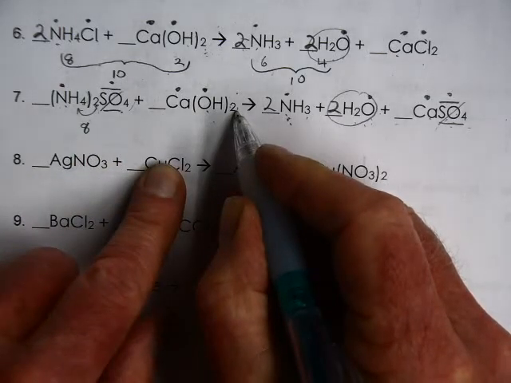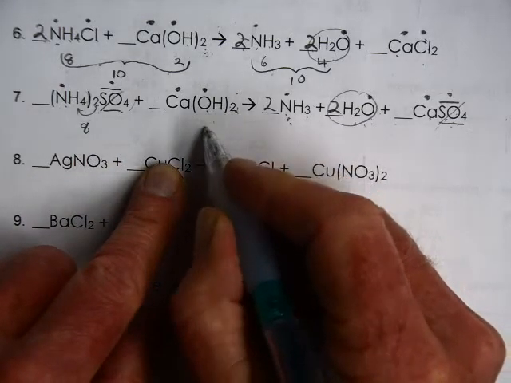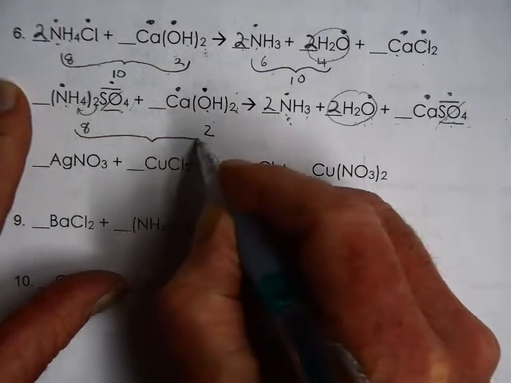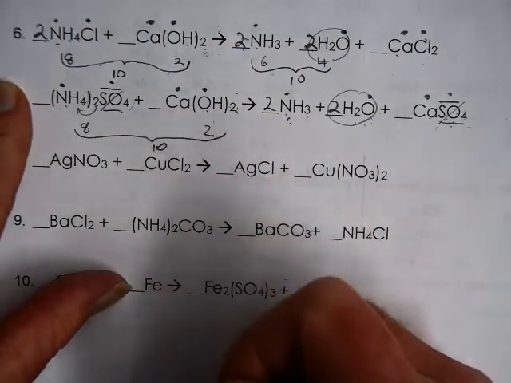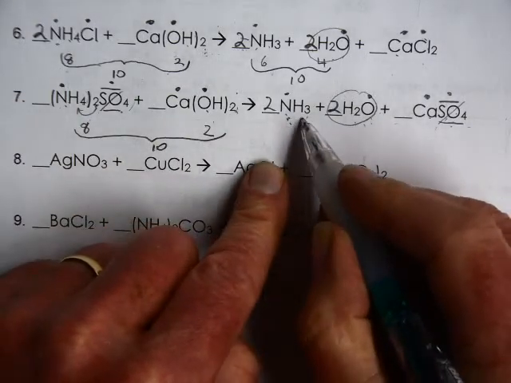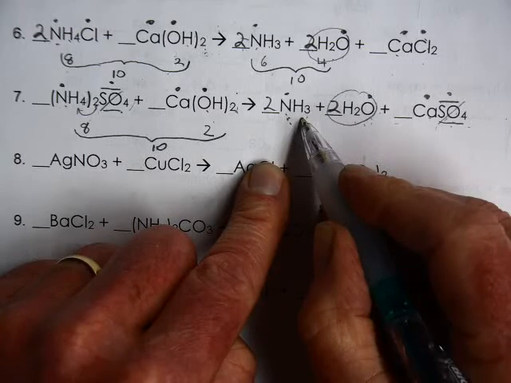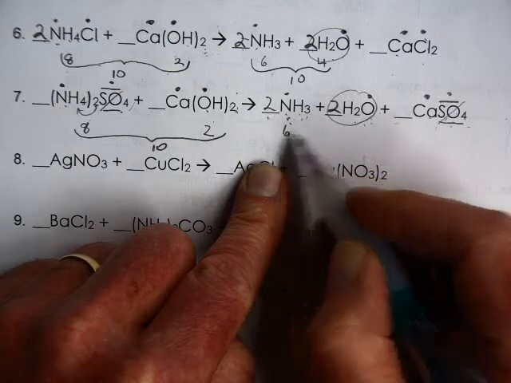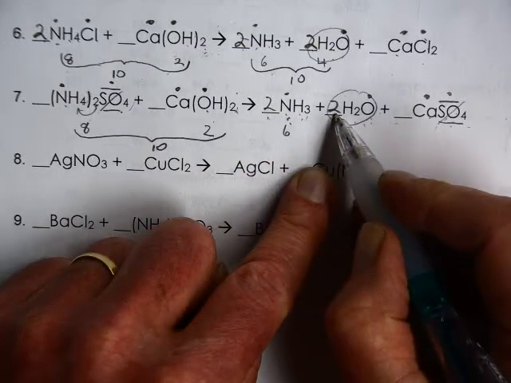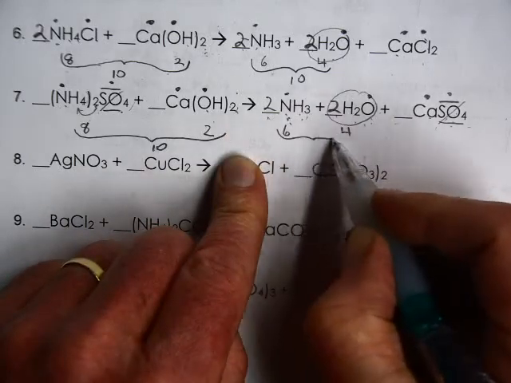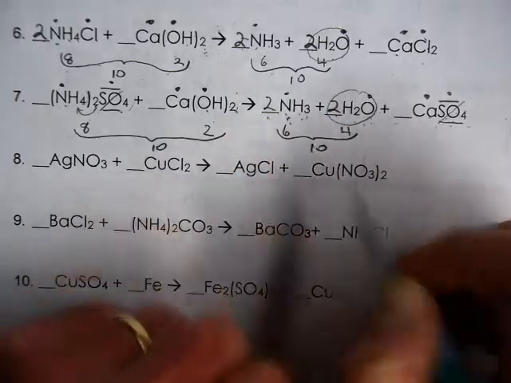How many here? 2. 2 times 1 is 2. So total on the reactant side is 10. Now I'm going to go over here. How many hydrogens here? 6. 2 times 3 is 6. 2 times 2 is 4. It's balanced.